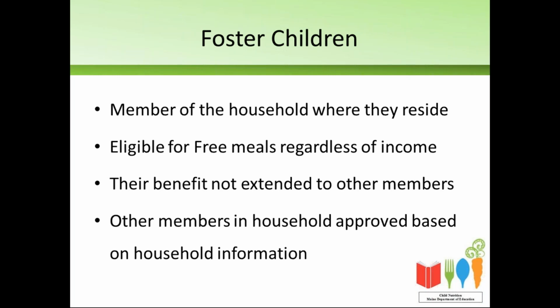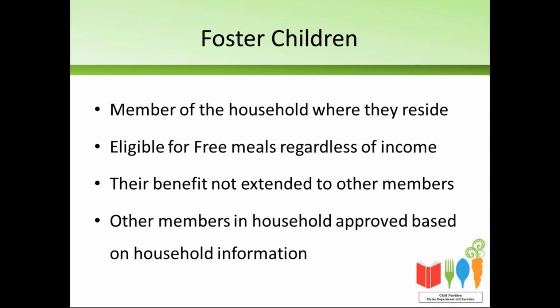Foster children. They are a member of the household where they reside, eligible for free meals regardless of the income on that application. A foster child's free meal benefit does not extend to other members of the family.